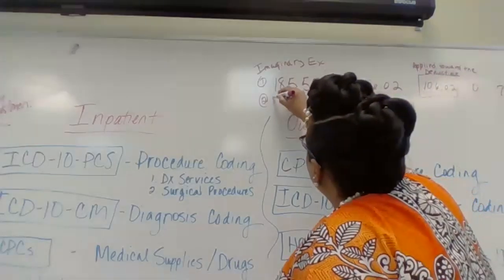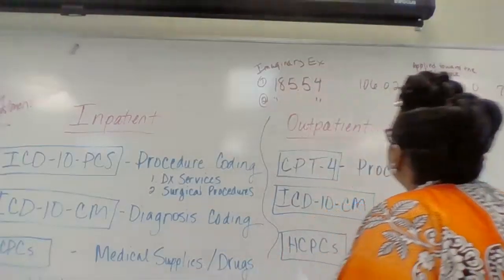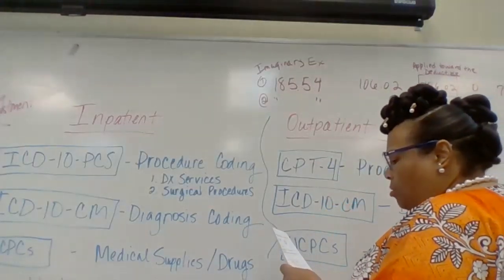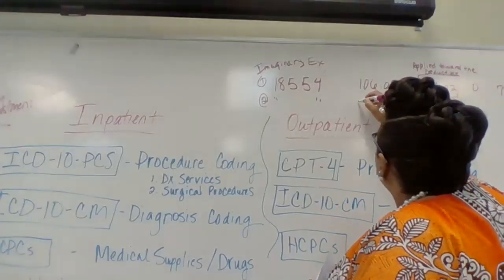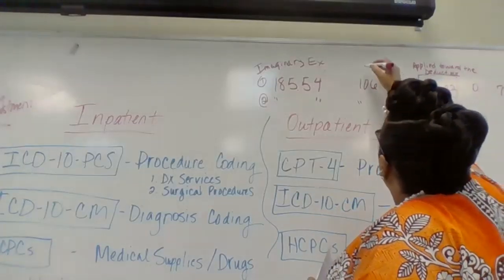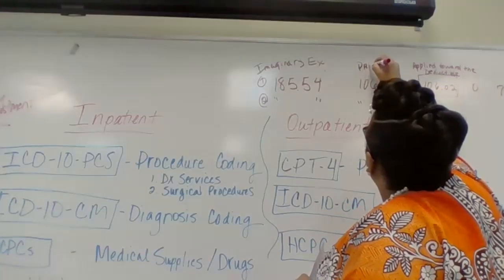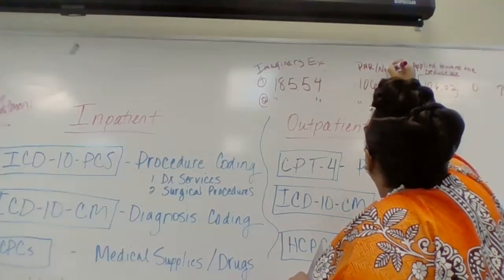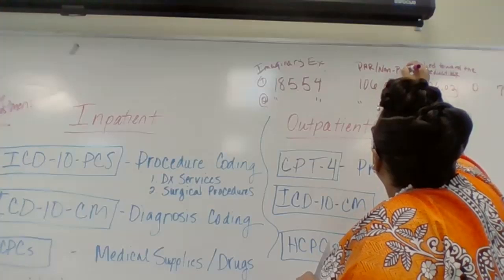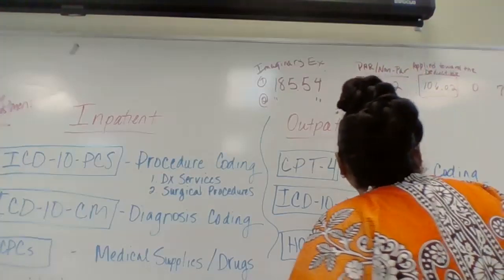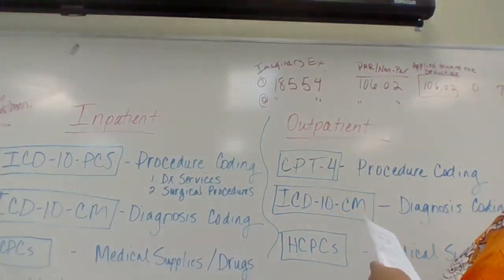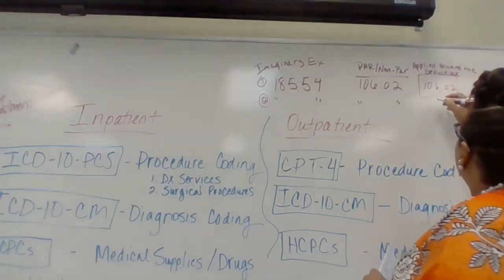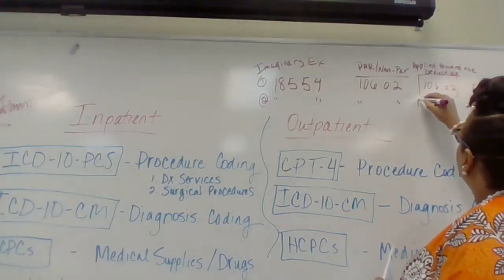This is the initial charge amount. The 106.02 is the allowed amount. This is the par, non-par amount agreement.